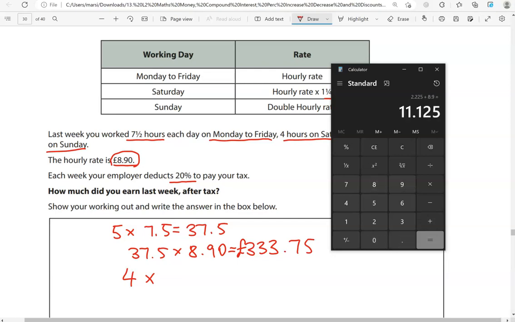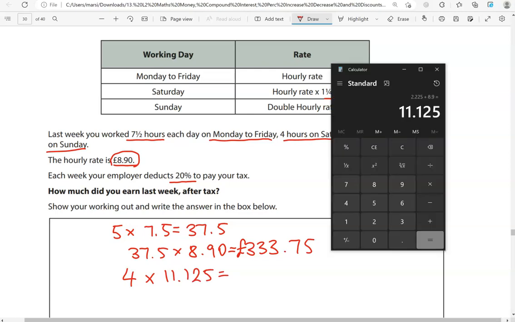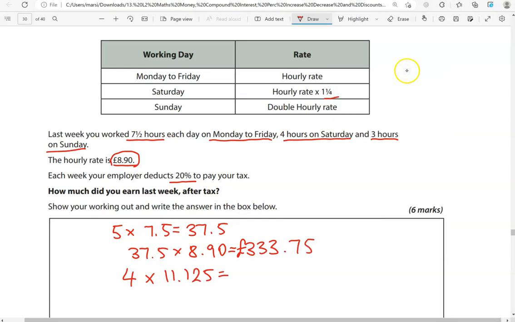So that is 11.125. So 4 times 11.125, which is 44.5, or £44.50.